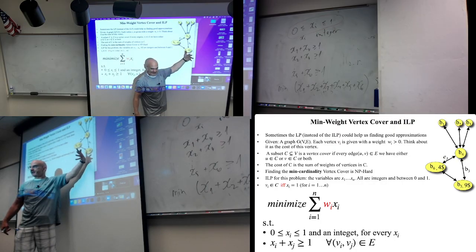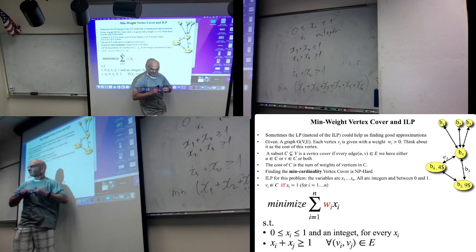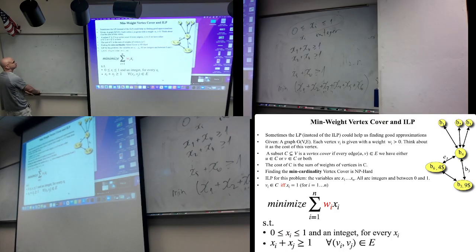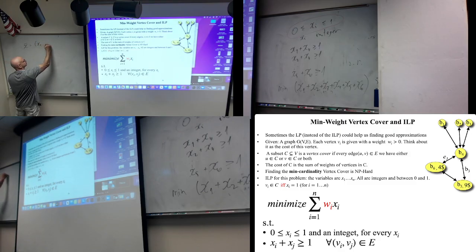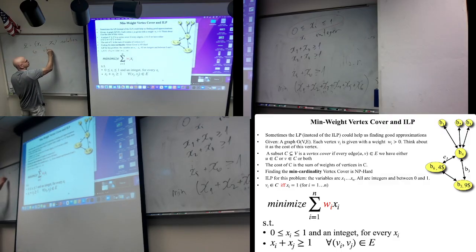All cool, but I need to know what is the set of vertices that I'm going to use at the end. For each vertex, I'll either use it or not. So here is the trick. I pick x, which is the solution to the LP.